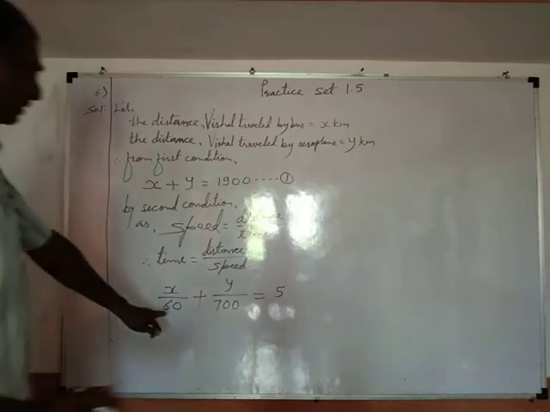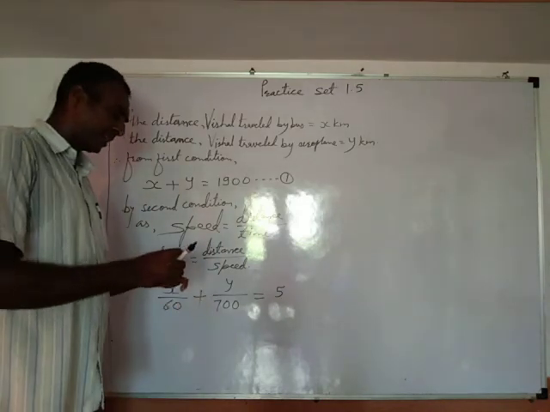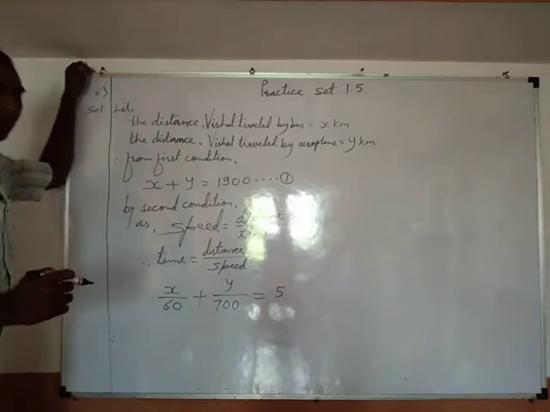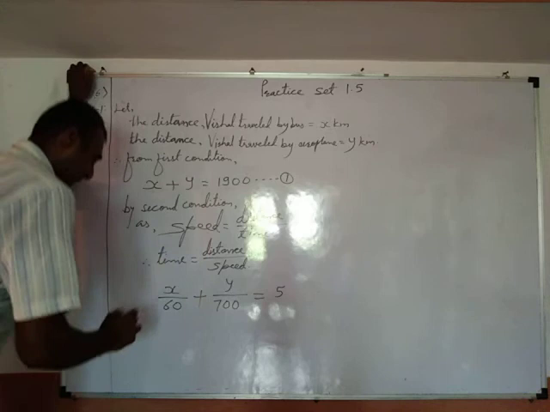Now here the LCM of 60 and 700 is 2100. That's why I multiply both sides by 2100.